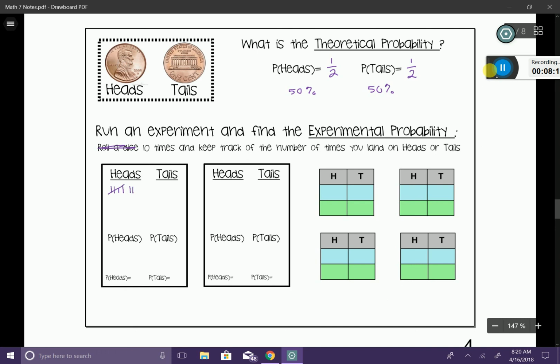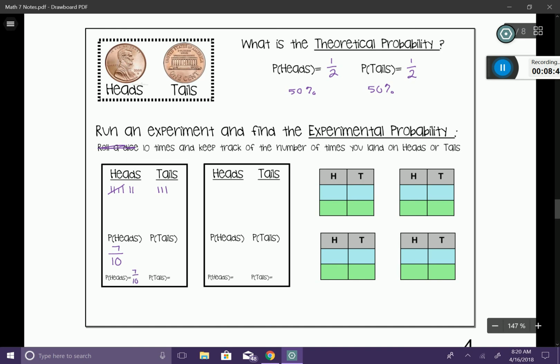So I landed on heads 7 times, and I landed on tails 3 times. So when I did my experiment, that is actually what happened. So the probability that I land on heads is going to be 7 out of 10 because I flipped the coin a total of 10 times and it landed on heads 7 times. 7 out of 10 does not simplify, so I'm going to leave my probability as 7 out of 10.